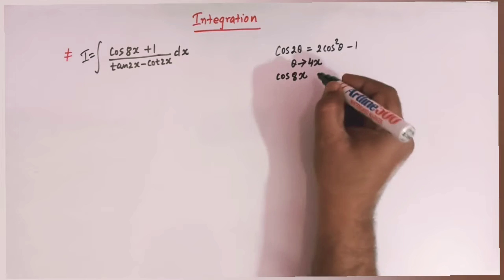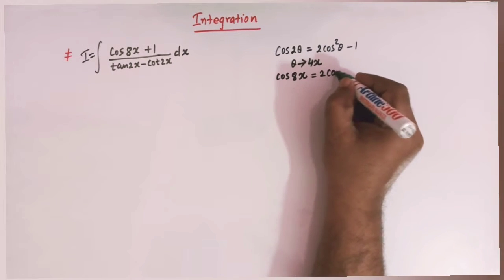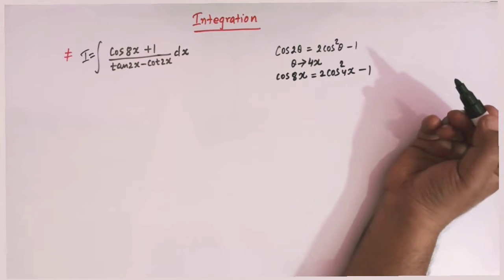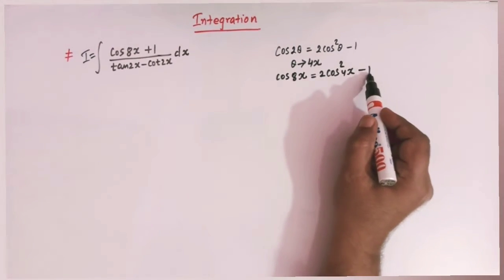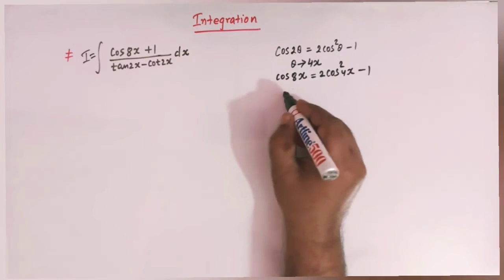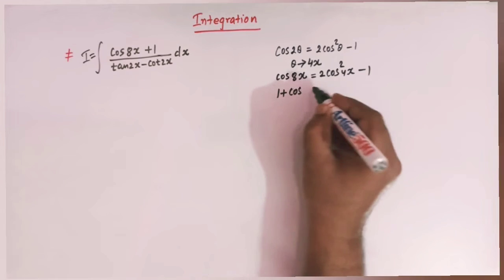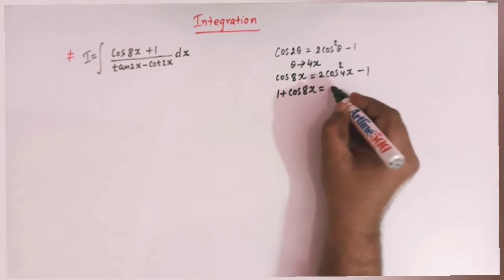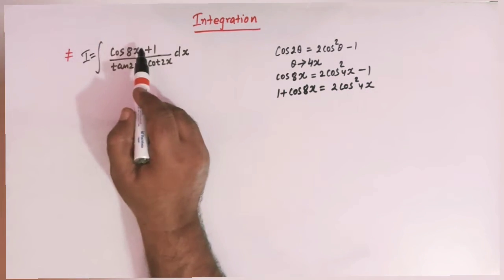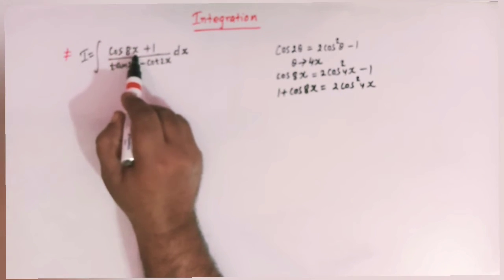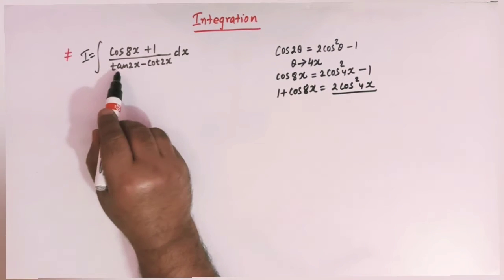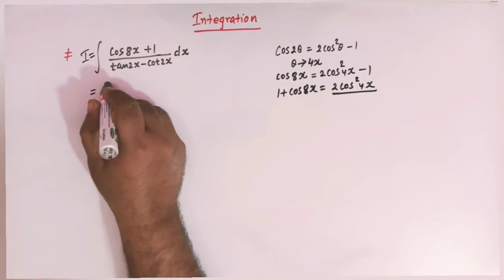So cos 8x is equal to 2 cos²4x − 1. If we take this negative sign to the left hand side, we get 1 + cos 8x is equal to 2 cos²4x. So now we will replace 1 + cos 8x by 2 cos²4x. Okay, now let us simplify this integral.